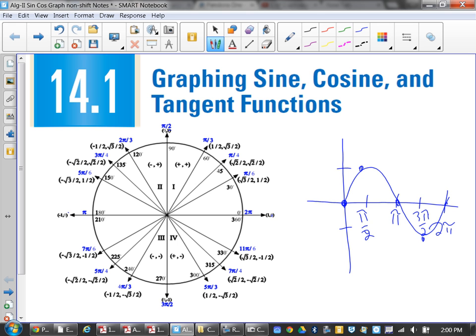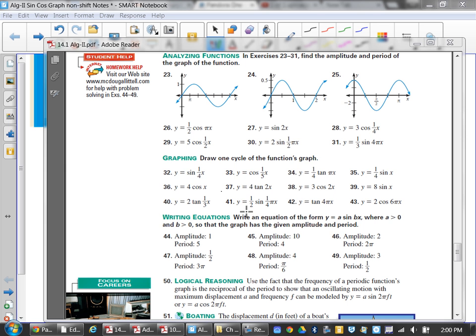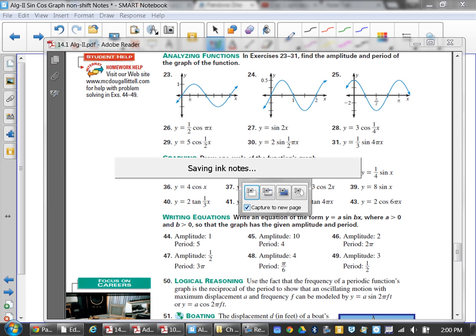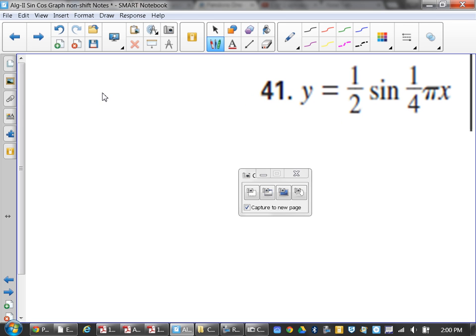So if the B value is like 1/4 pi, it just becomes 8 pi, it doesn't become 8 pi squared? No, because remember, if you're looking at one like 41, remember, list out what you know.